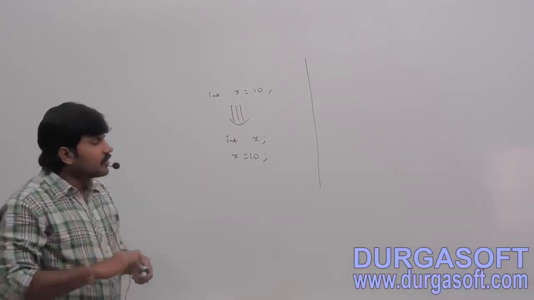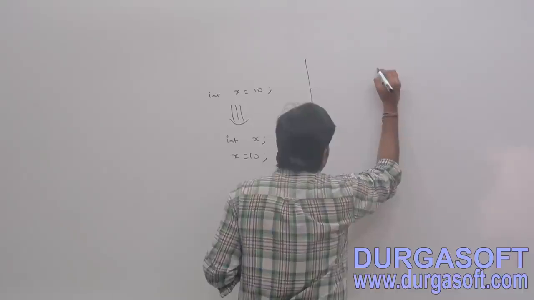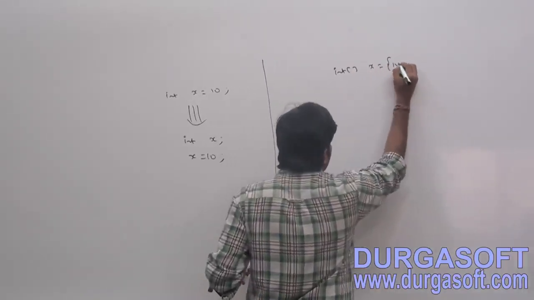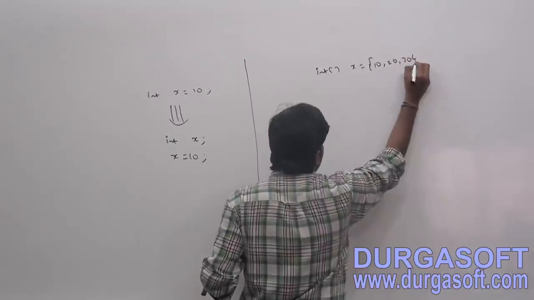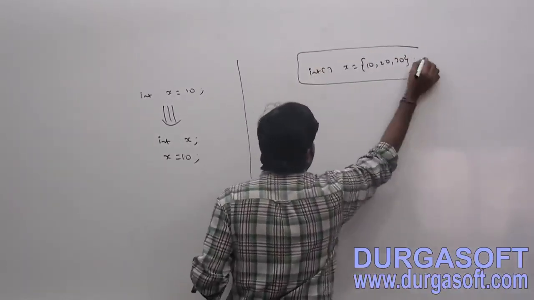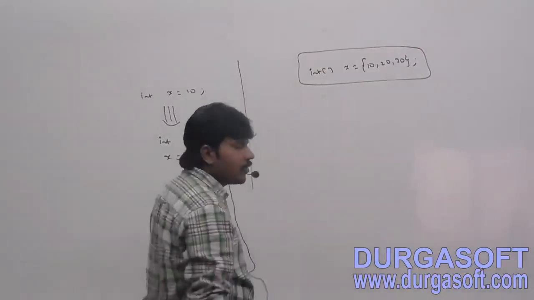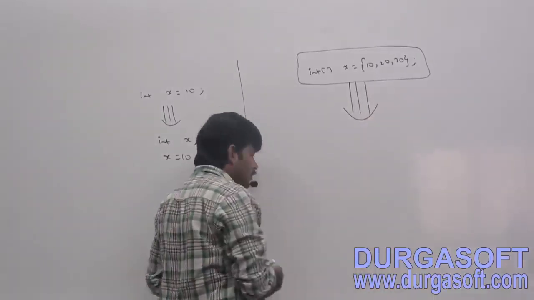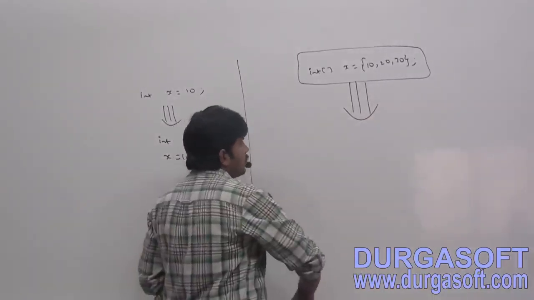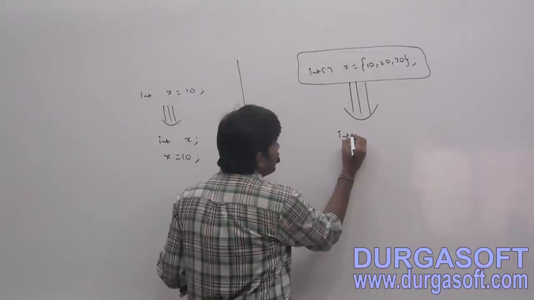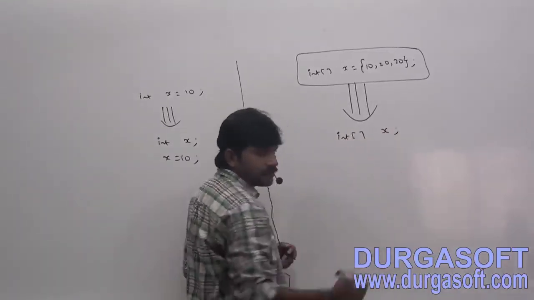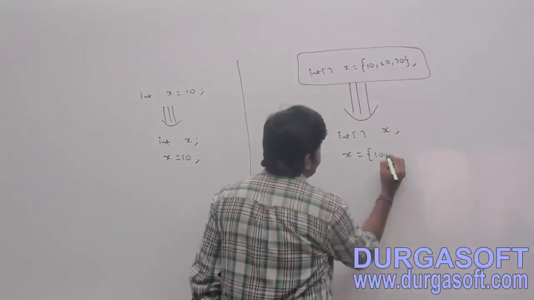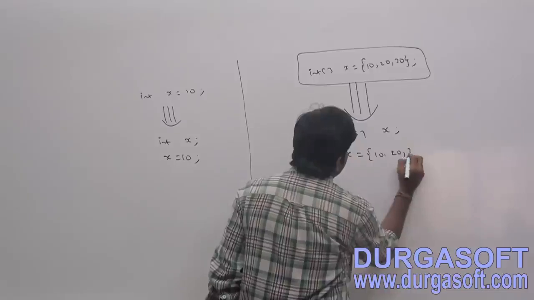Why don't you apply the same strategy for this also? Int array x is equal to 10, 20, 30. Sir, I want to divide into multiple lines: first line int array x, second line x is equal to 10, 20, 30.